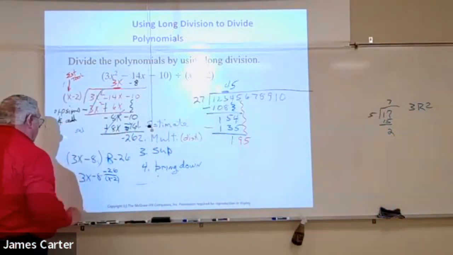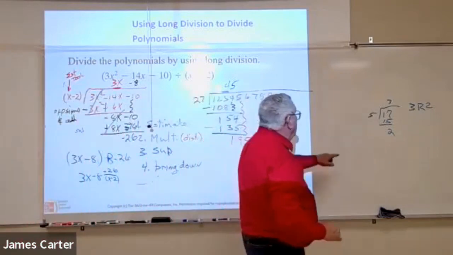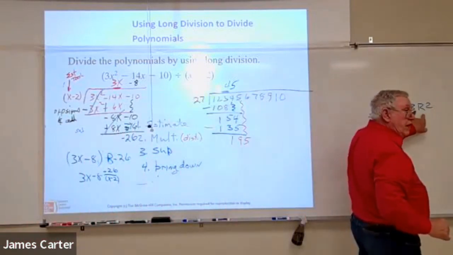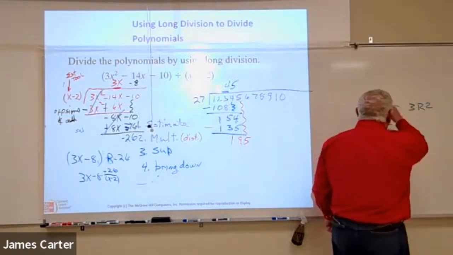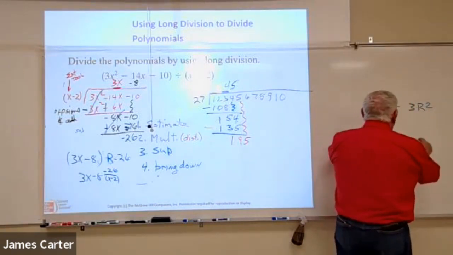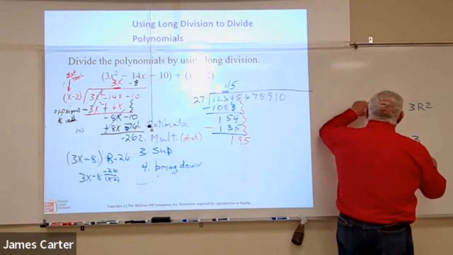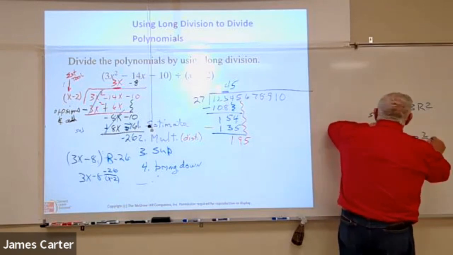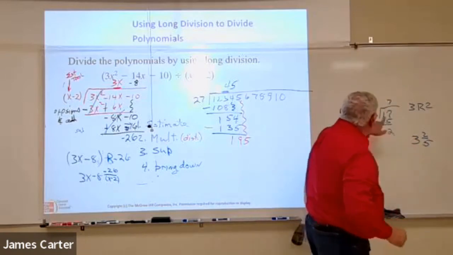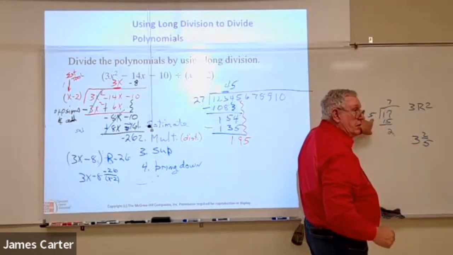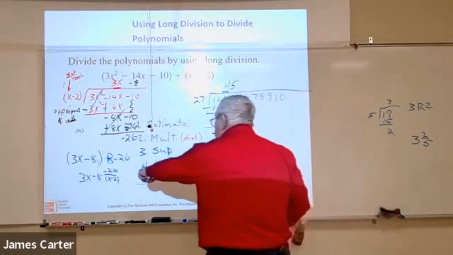Okay. Now, what did we do in fourth grade or fifth or sixth? Same problem. We would say 3 and 2 fifths, where that is the divisor. And that's what I did here.